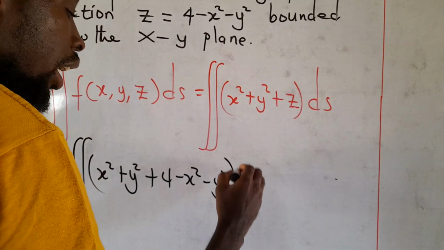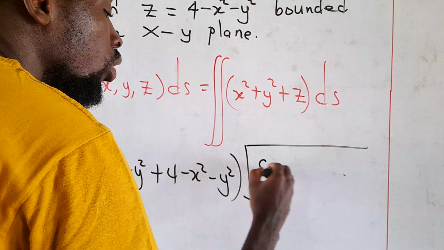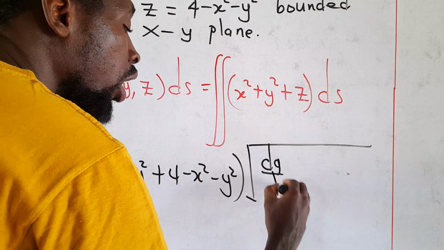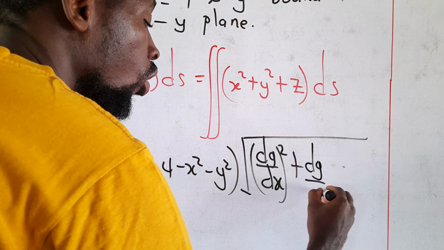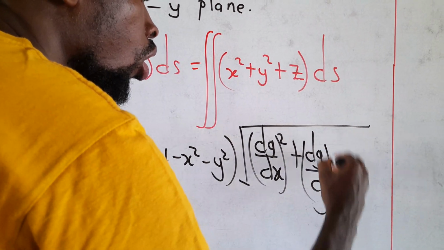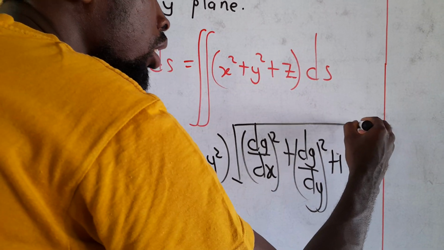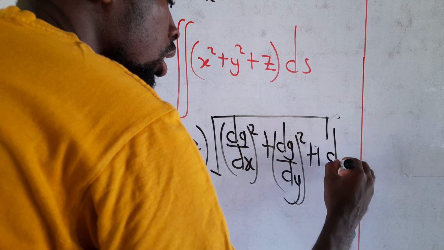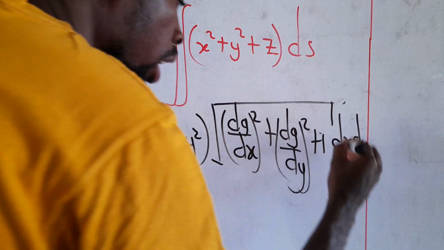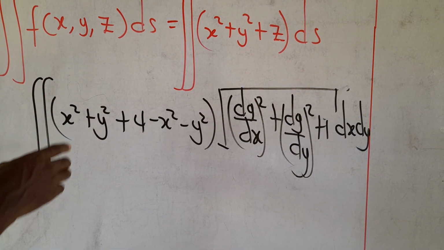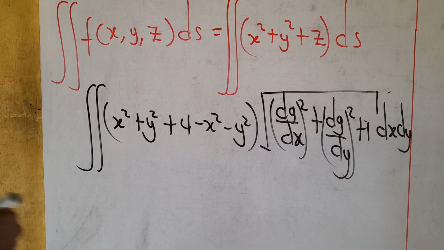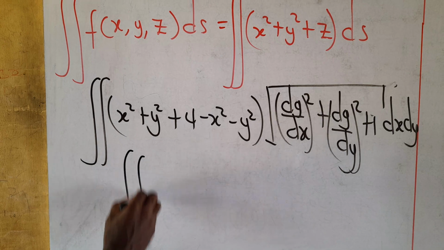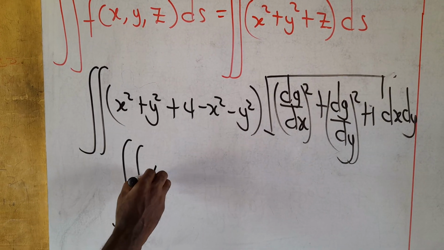And remember, dS is the square root of dg over dx all squared plus dg over dy all squared plus 1, dx dy. If you remember very well. Look at this. x squared minus x squared will be 0. y squared minus y squared will be 0. Then we'll have the double integral of what is left, which is 4.